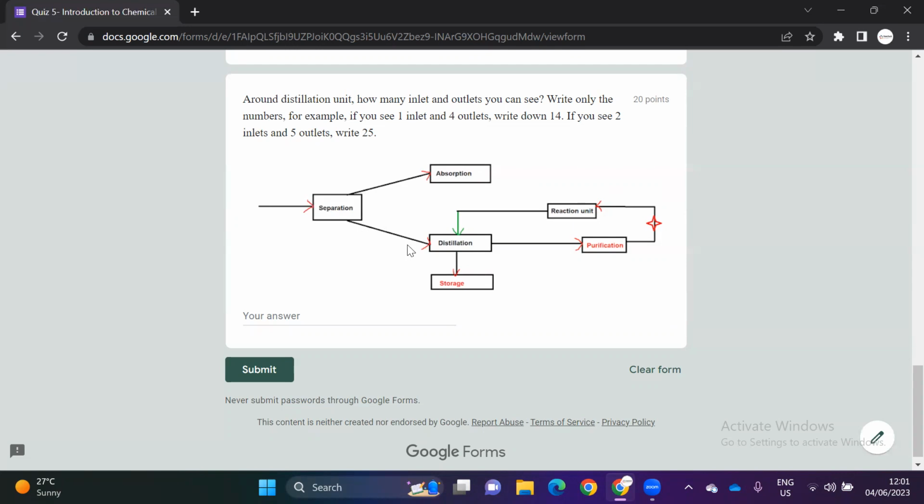Absorption has only 1 inlet, no outlet. Now distillation has 1 inlet, a second inlet, and 1 outlet, a second outlet, as you see. It means distillation has 2 inlets and 2 outlets. It will be 22.